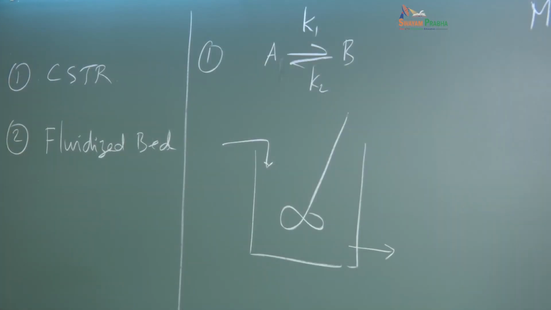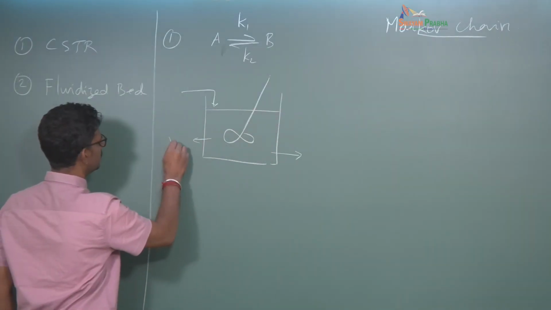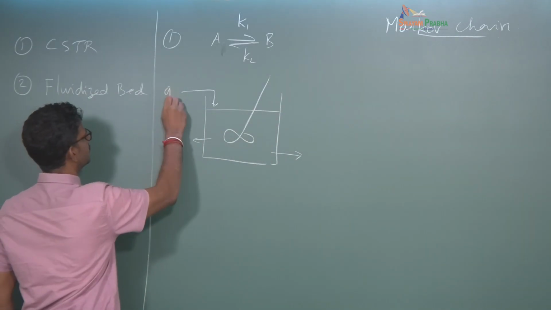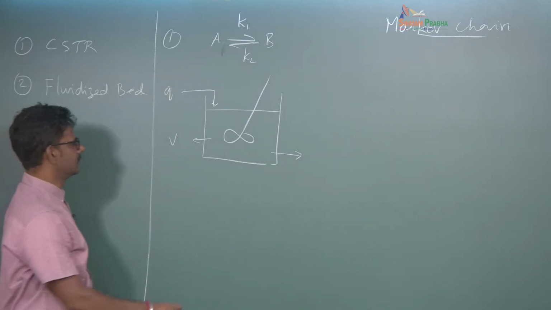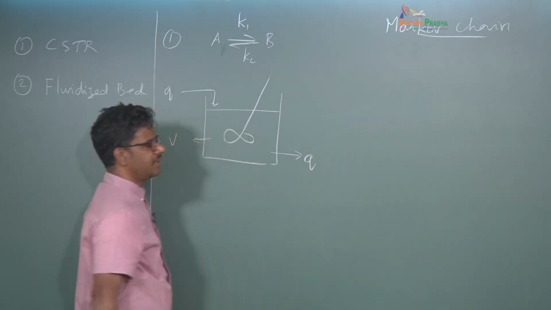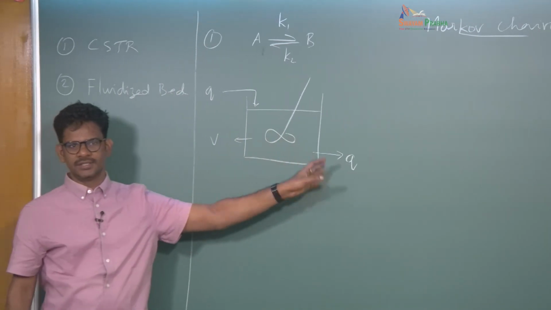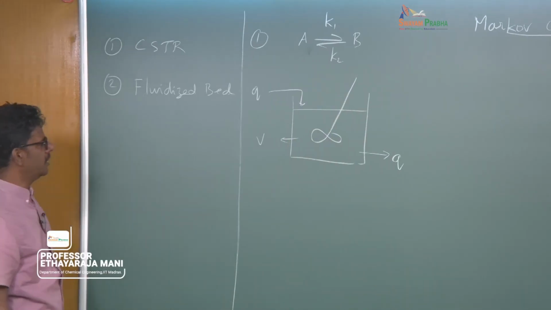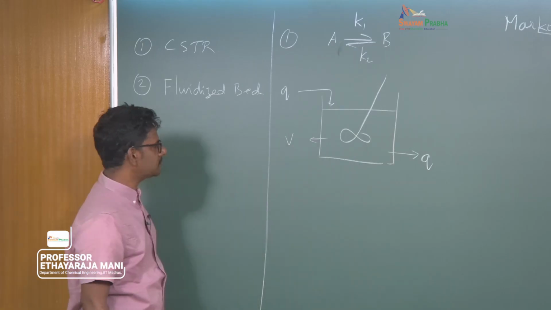You can say that the reactor volume is V, and the flow rate is Q. To keep things easy, we will keep a constant density, so same flow rate, steady state behavior. So in this case you have a reaction like this happening here.